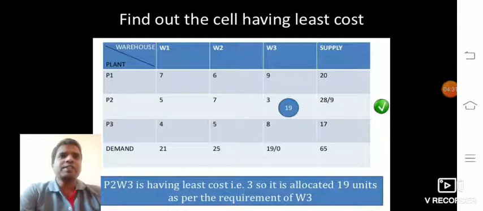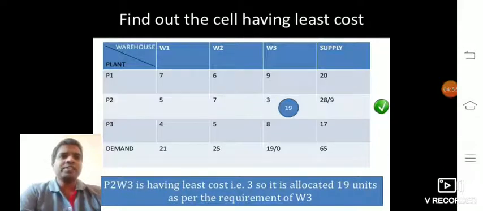Now we need to start the allocation process. Here in the least cost entry method, among this matrix, which one is the lowest transportation cost? That is 3, the least cost. Am I correct?